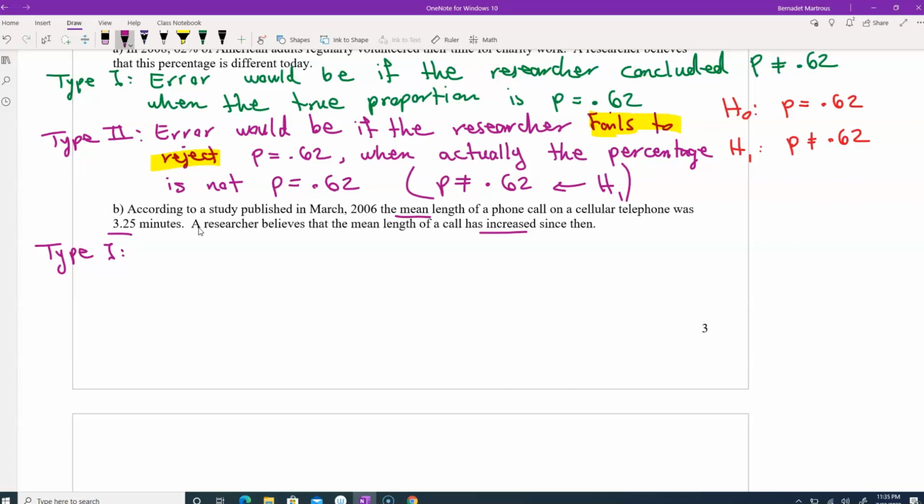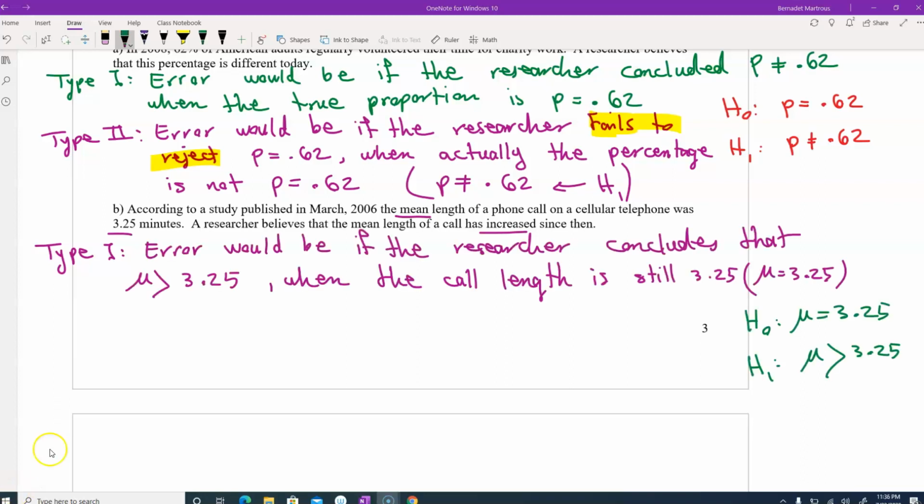So when it's actually 3.25, it's claiming that it's greater than 3.25. So rejecting null but accepting alternative. Okay, so this was type 1 error. We are rejecting this null when this is true.